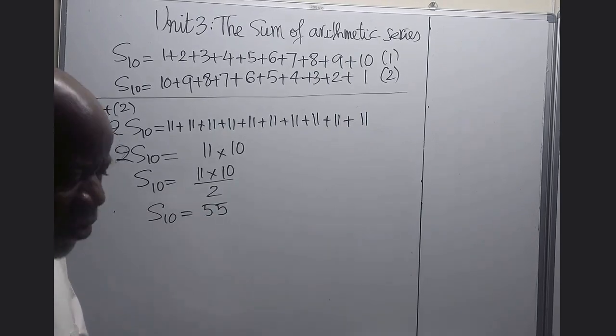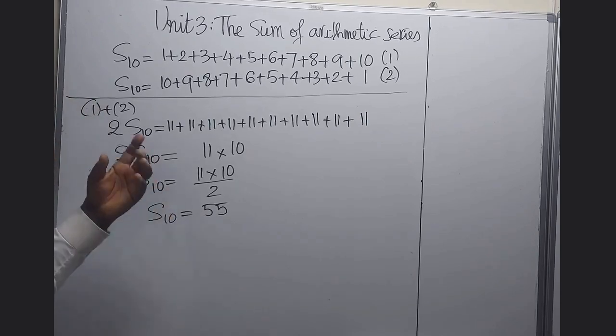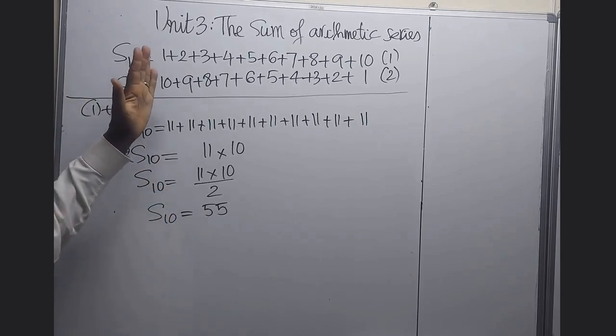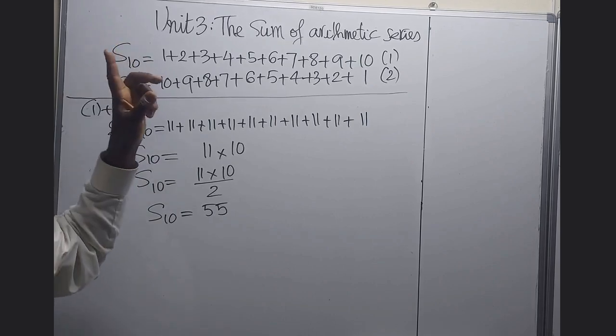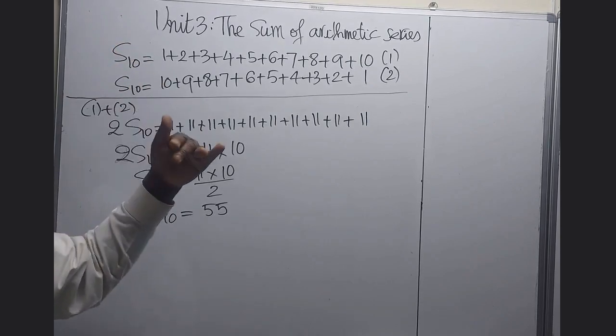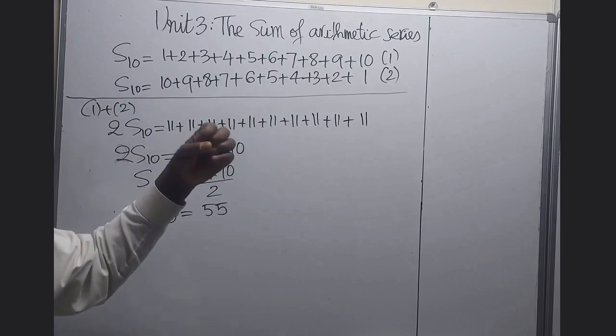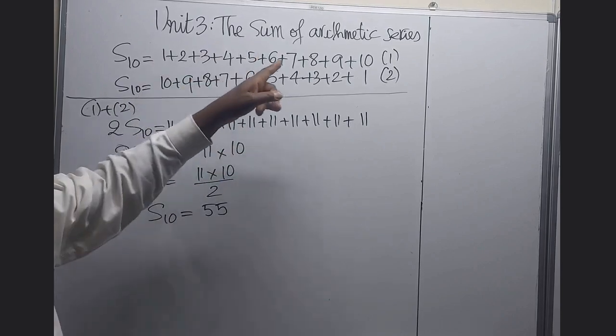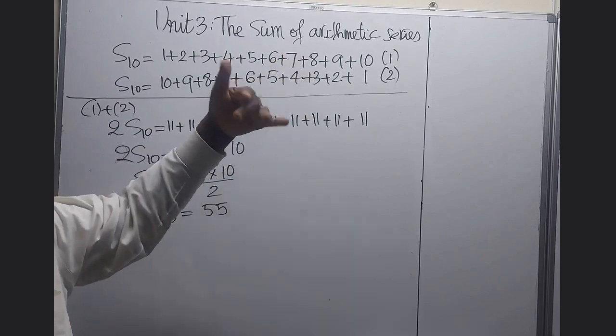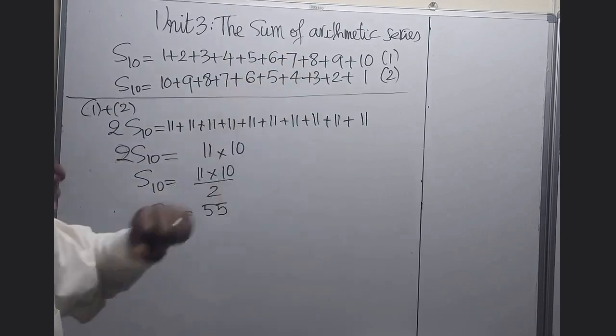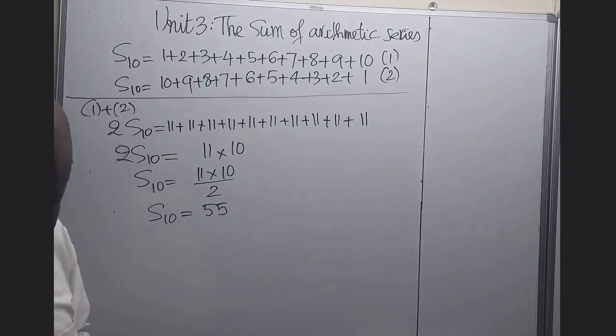So now, we're going to consider the general case where we'll be having an arithmetic sequence from T1 to Tn, and how we're going to get the sum of an arithmetic series in general. So I'm going to clean the board to have space.